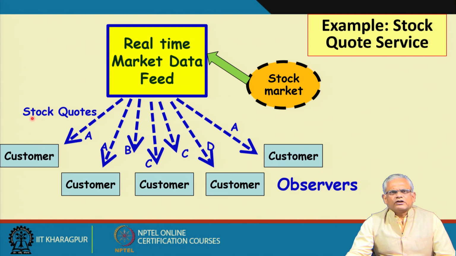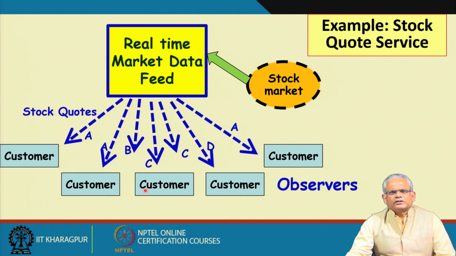And more observers may come in and some of the existing observers may drop out, and they may be interested in specific stocks. For example, customer A may be interested about A, this customer is interested about D, this is about C, this is also C and so on. Now, the problem here is that we not only need to have the customer notified of the change, but also the specific stock that changes.